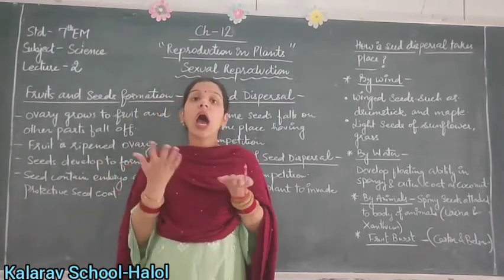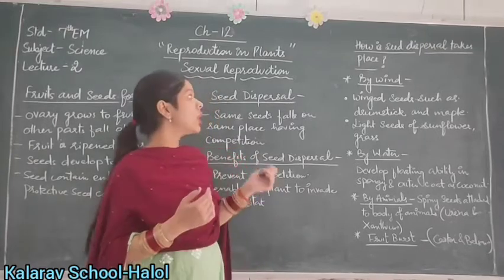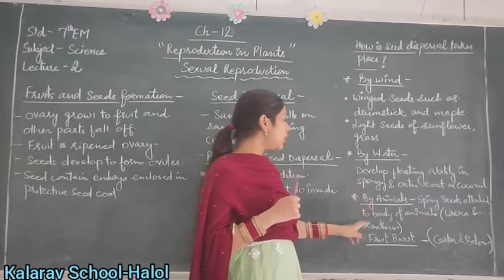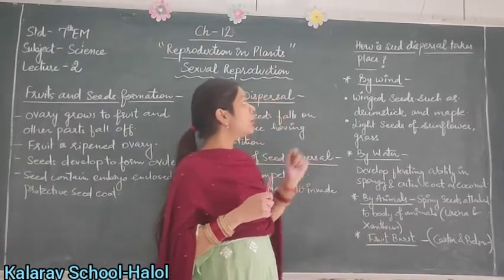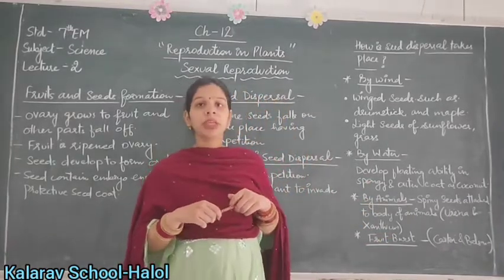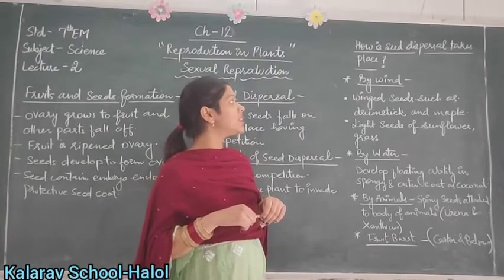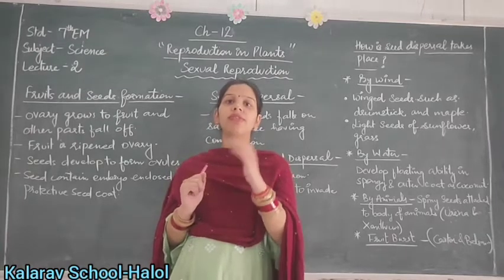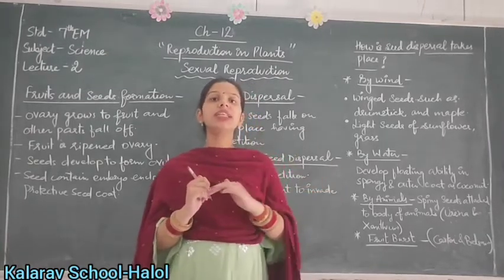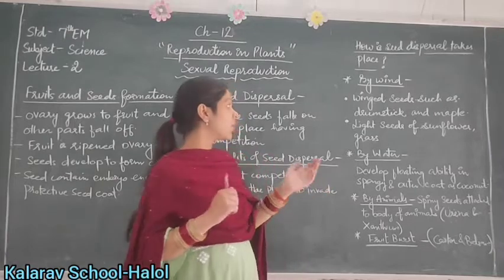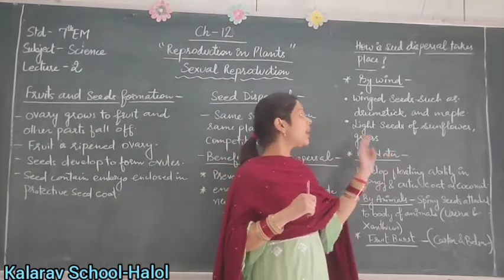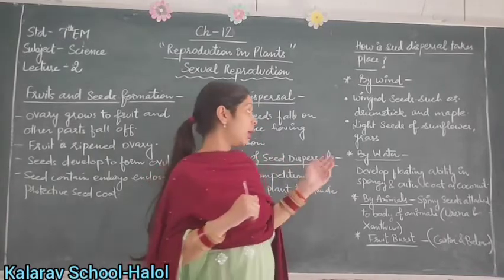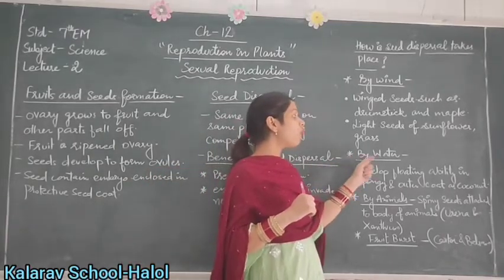Next is how seed dispersal takes place. It can be done by wind, water, animals or fruit burst. Number one, by wind. Seeds such as drumstick and maple are dispersed from one place to another by wind. Light seeds of sunflower and grass are also dispersed by wind. Number two, by water.